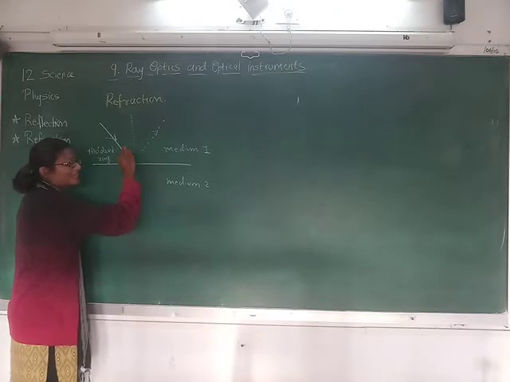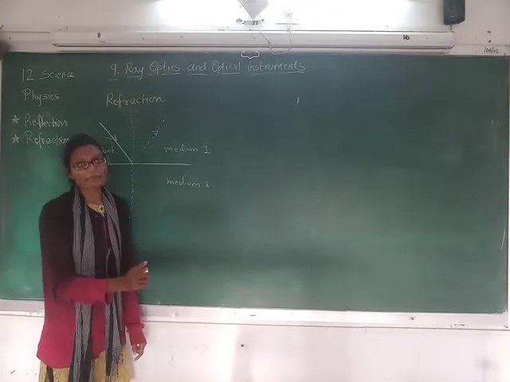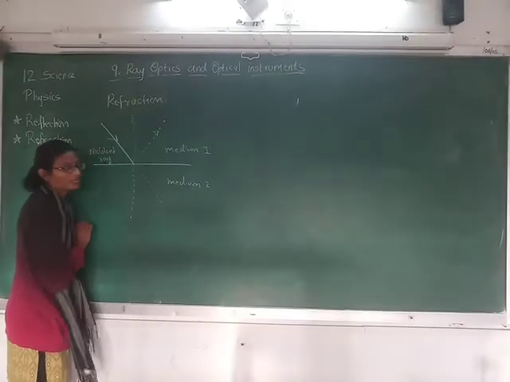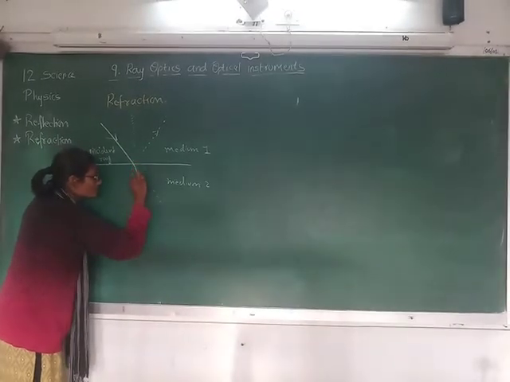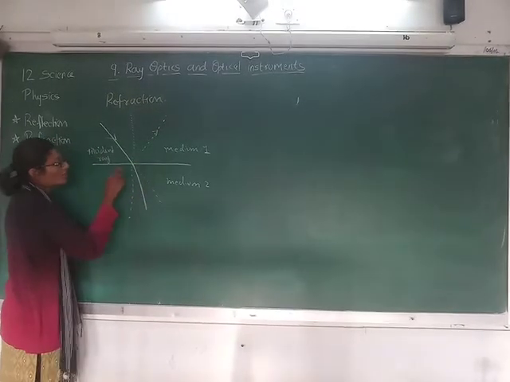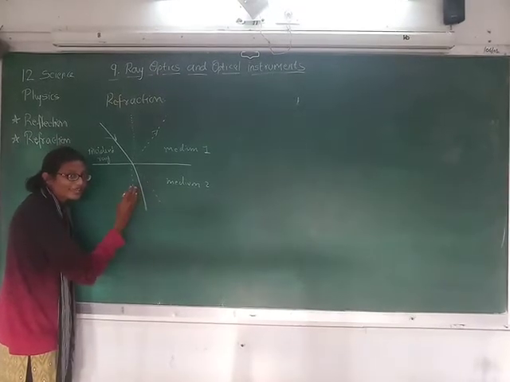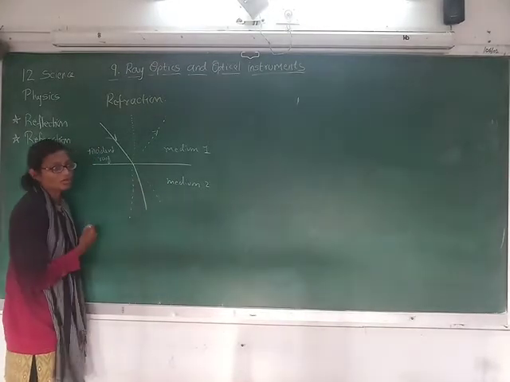So when the light enters into the other medium, it won't take the same path, right? Instead of taking the same path, it bends a slight. It will be bending either towards the normal or away from the normal.